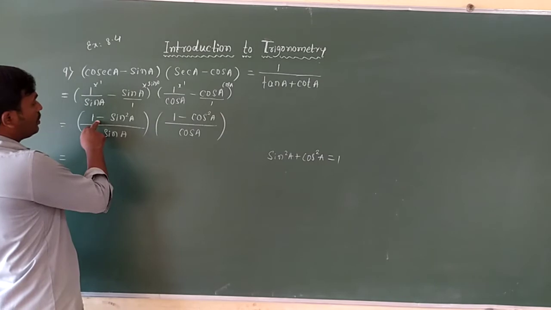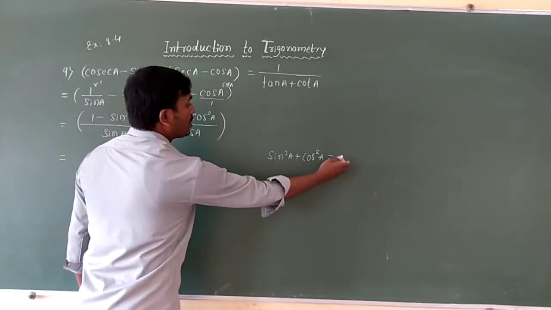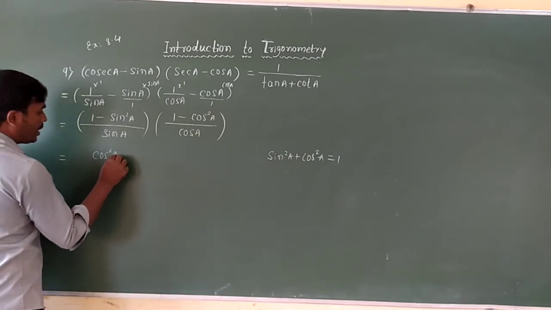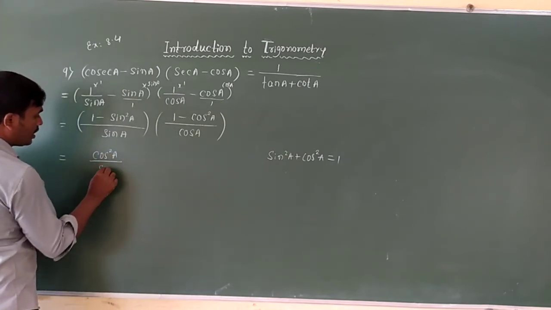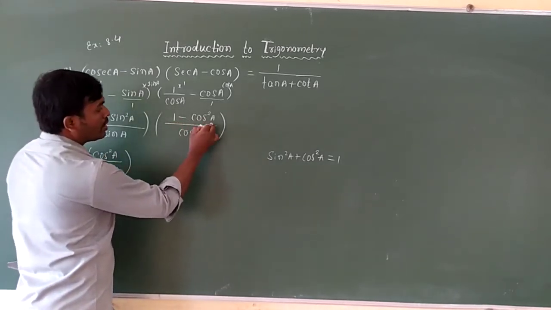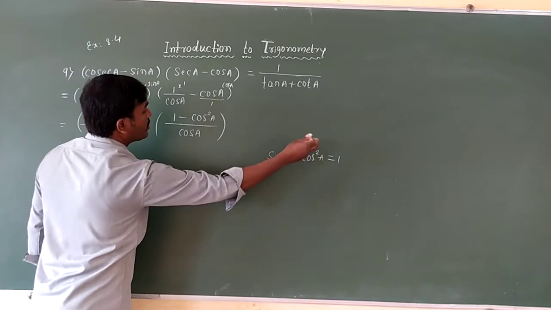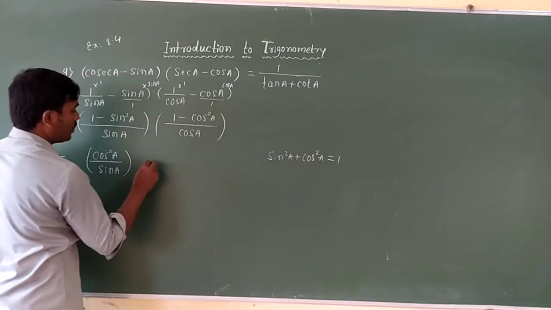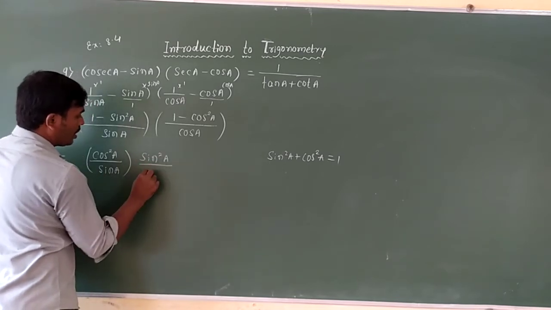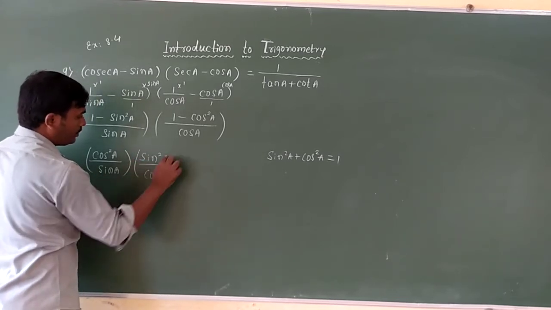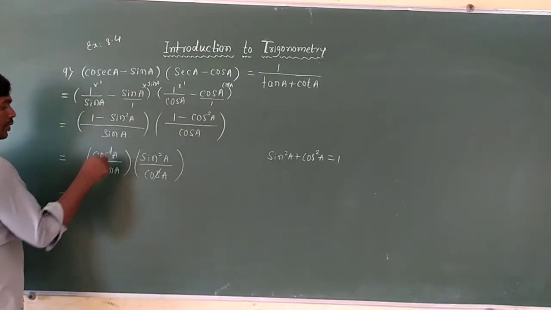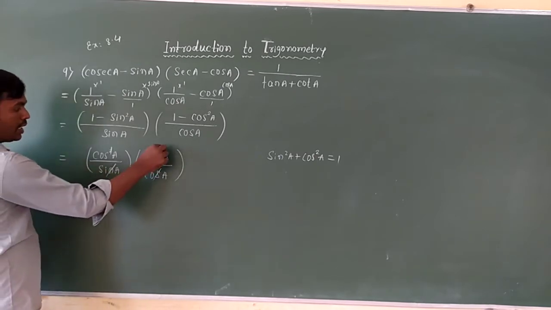Here we want the value of 1 minus sin square A, so it is cos square A. So it is cos square A divided by sin A. Here also, 1 minus cos square A is sin square A. So sin square A whole divided by cos A. Here one cos gets cancelled, and one sin gets cancelled.